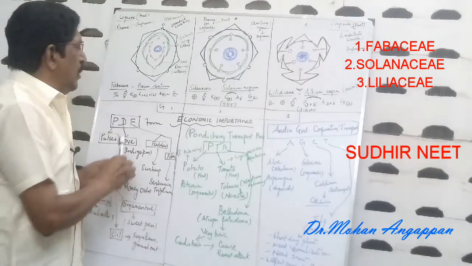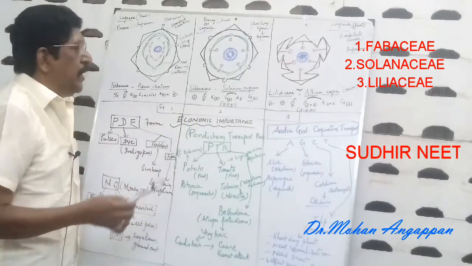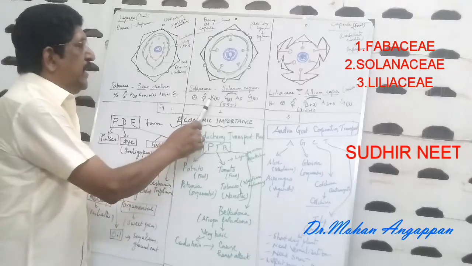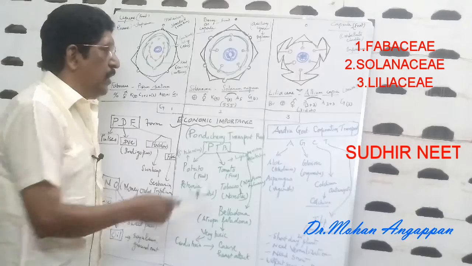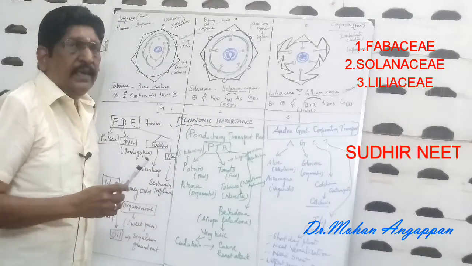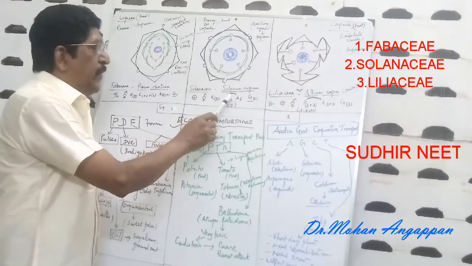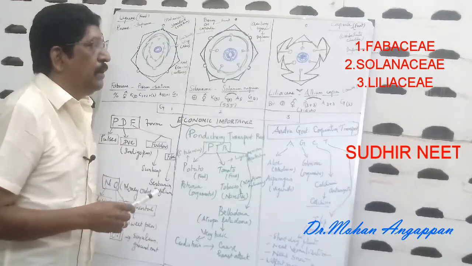Now you can remember this very easily with some tricks. In Solanaceae, remember the number 555, K5, C5, A5. Okay, K5, C5, A5. So you remember 555 for Solanaceae.